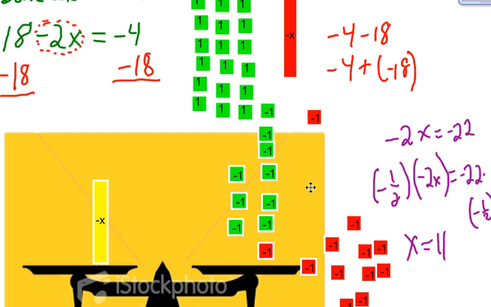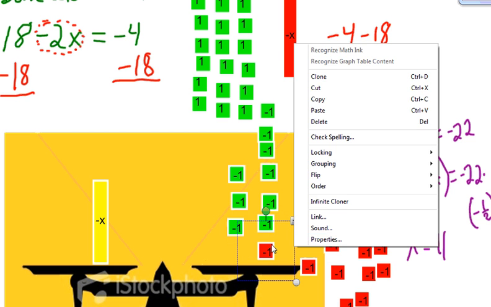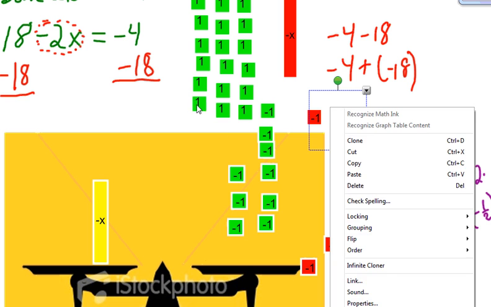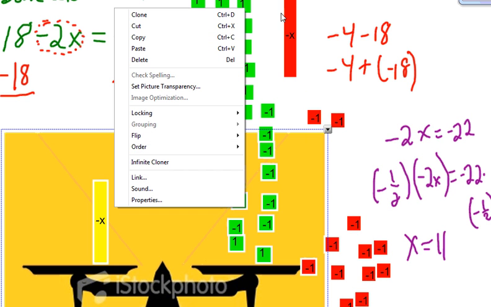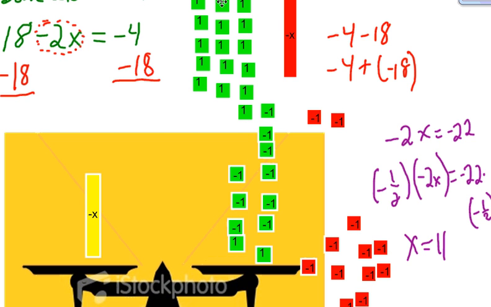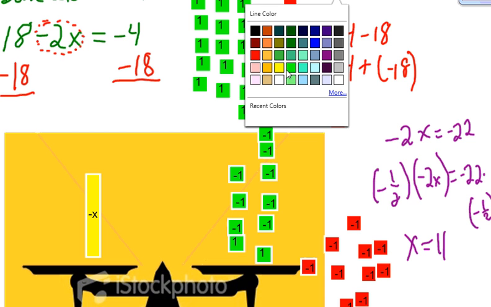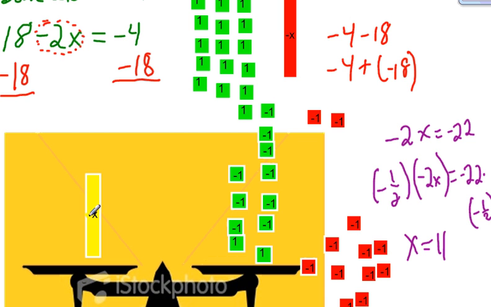Change these two. I'll just exchange these two for these two over here. So, and this negative no longer exists, so I'm just going to see if I can take this out of there. No, I can't, so I'm just going to scribble this with a little yellow, just so I don't confuse anything. So that's x equals 11.